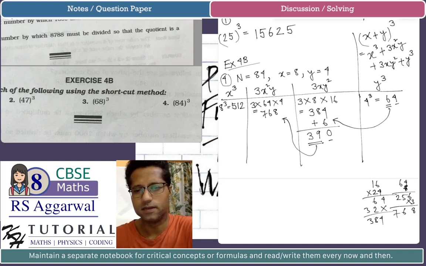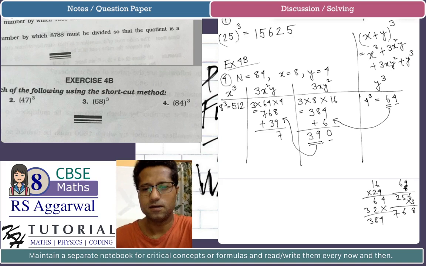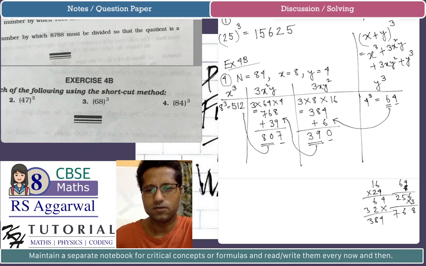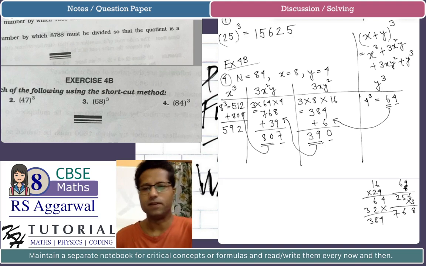So I have to add 39 with 768, and the result is 807. In 807, you mark the units digit, that is 7. You have more digits, and these more digits, 80, have to be added to the previous column. So I have to add 80 to 512, and this is 592. So what will be 84 cube?